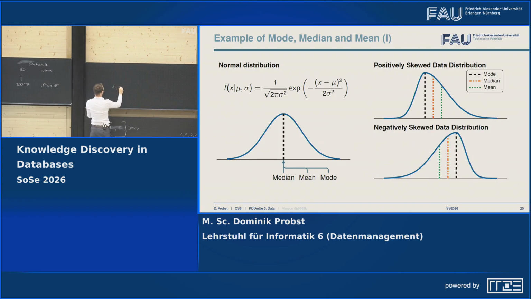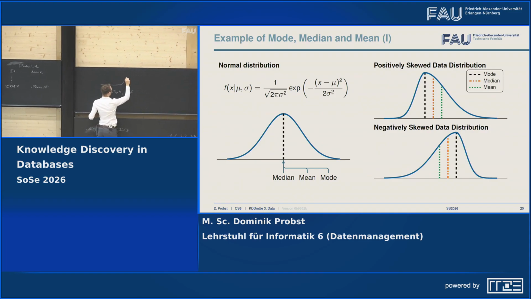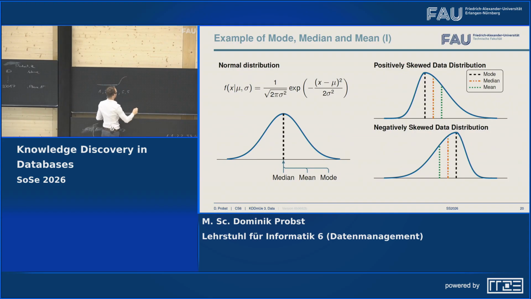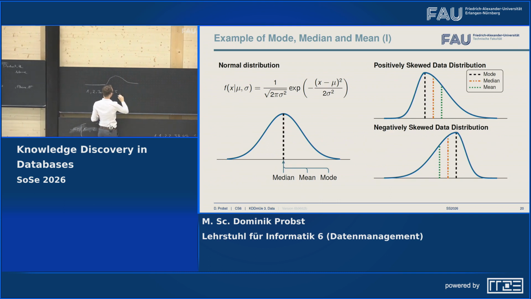We have 1, 2, 3, 4, which is pretty much this way. Then we have 5, 5. So we are going up in here, and then we go down at some point.